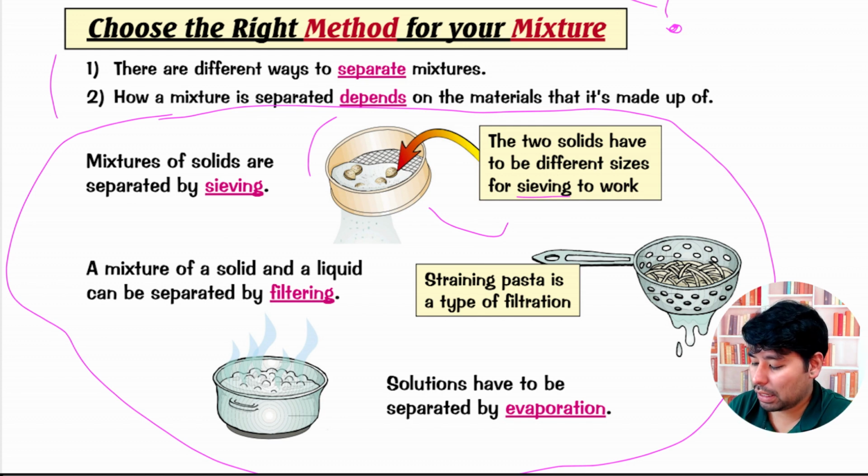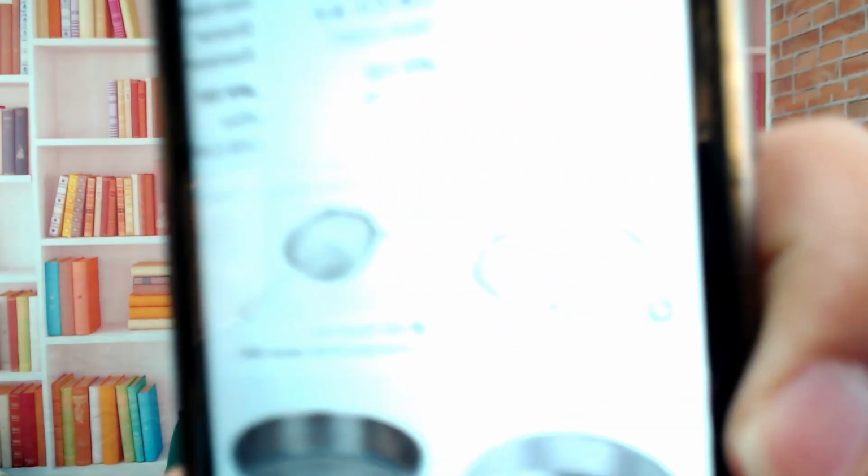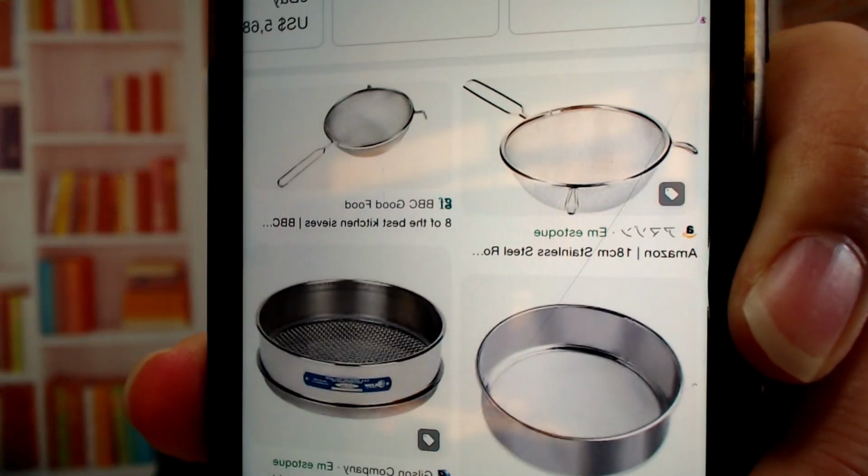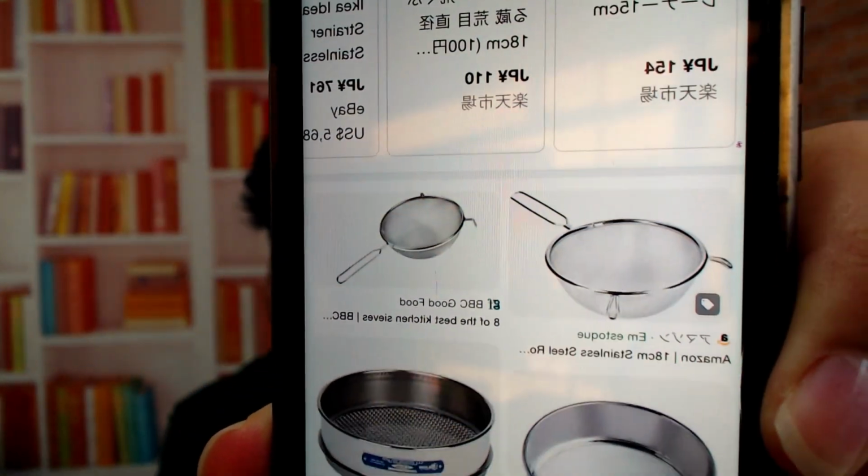Here it has ing, but the word without ing is sieve. Sieve, sieving, right? So to be different sizes for sieving to work. Teacher, I don't know what sieving is. So here's an explanation. I have some examples. Can you see that? Sieve. We have that in the picture, right? So these are all sieves.